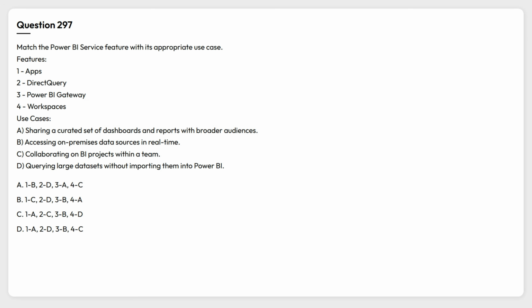Use cases: A. Sharing a curated set of dashboards and reports with broader audiences. B. Accessing on-premises data sources in real time. C. Collaborating on BI projects within a team. D. Querying large datasets without importing them into Power BI.